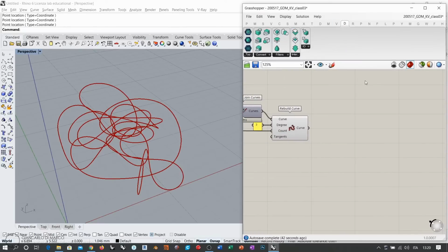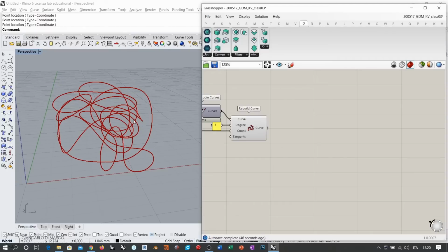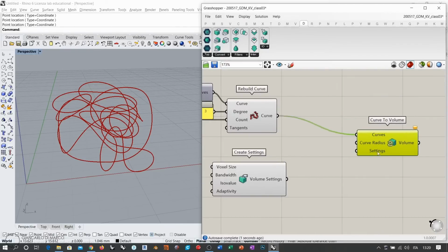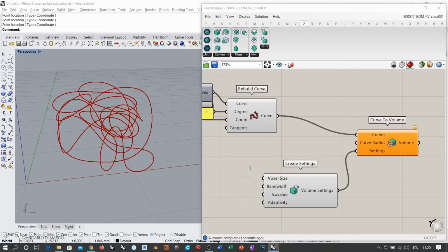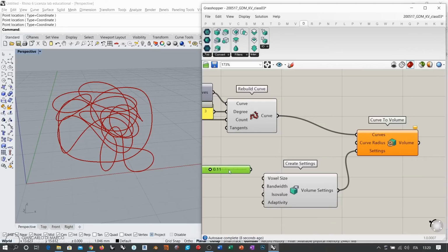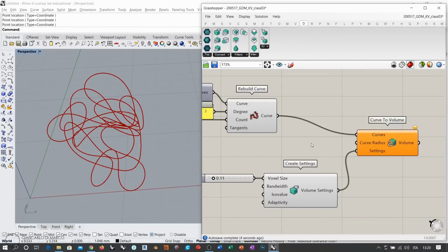I'm going to use Dendro this time, which is quite fast for converting this thing into a volume using marching cube. I'm going to use these settings and convert curve to volume. The curve that I want to convert is this one. I'm going to use a voxel size of something like 0.11, because this object is quite small, and the curve radius is going to be something like 0.40.